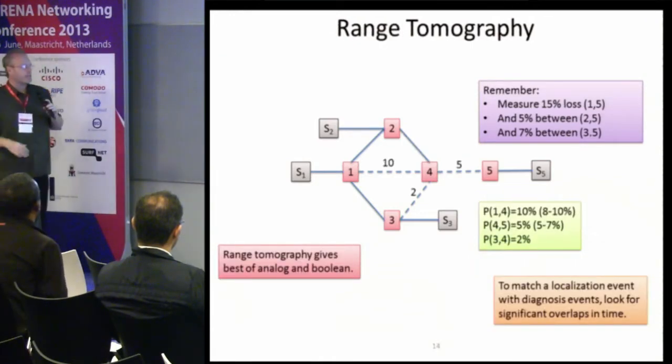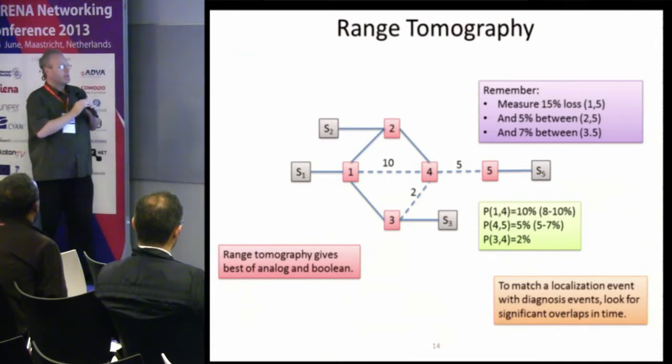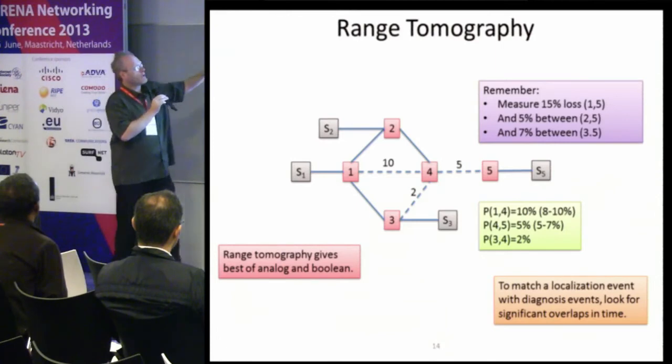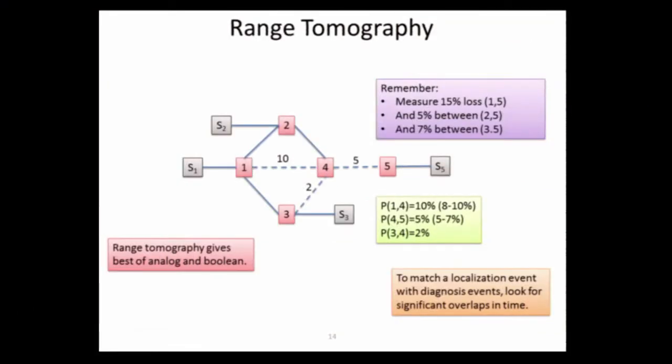So range tomography attempts to do the best of both worlds. It looks at the possibilities. So I've got those measurements that I mentioned before, and what I can actually do is I can associate a probability. I did work these out before, but I'm not going to go into the details, but the probability of the problem being between 1 and 4 is 10%, between 8 and 10%.